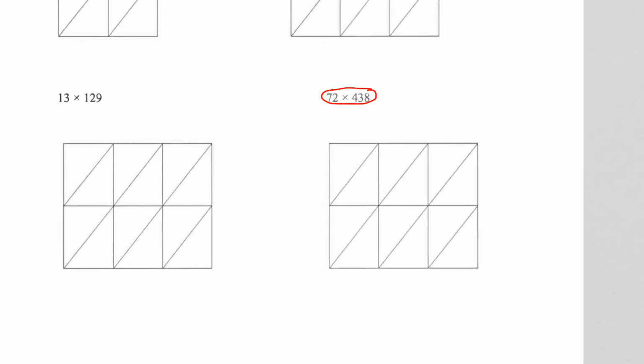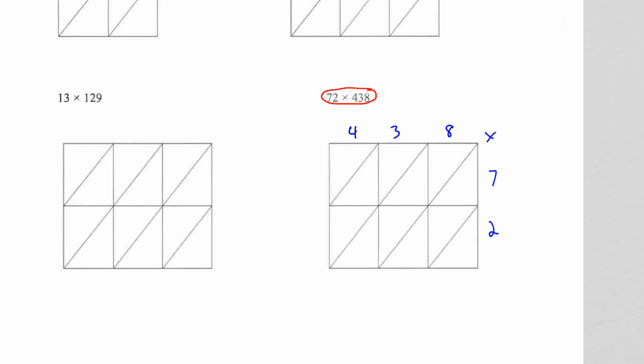And so, as you can see, the way this lattice is set up is three digits times 2 digits. So we're going to put the 438 on top, and the 72 on the side, just because of the way the lattice was set up. Okay.